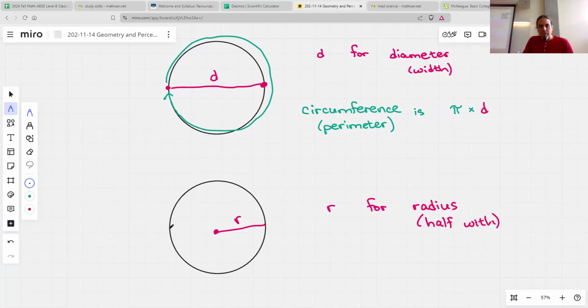There's another copy of the radius that we don't care about over here. 2 radiuses makes the diameter. And the area for how much space the circle takes up, if I was to paint it, is pi times the radius.